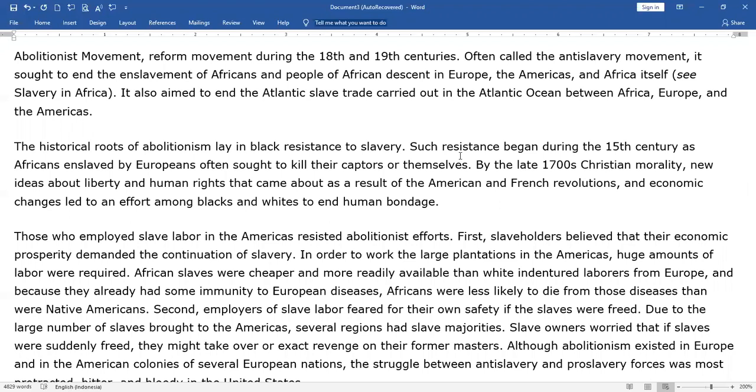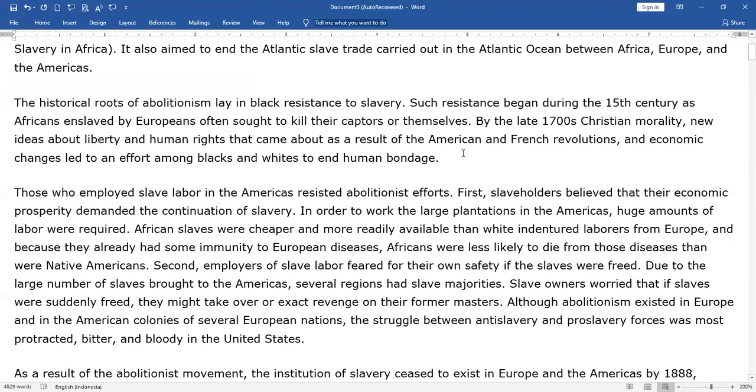By the late 1700s, Christian morality, new ideas about liberty and human rights that came about as a result of the American and French revolutions, and economic changes led to an effort among blacks and whites to end human bondage.